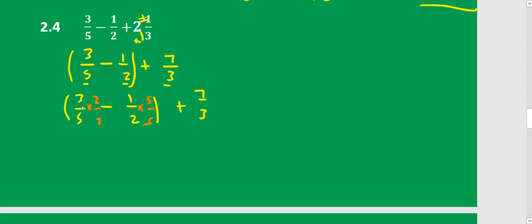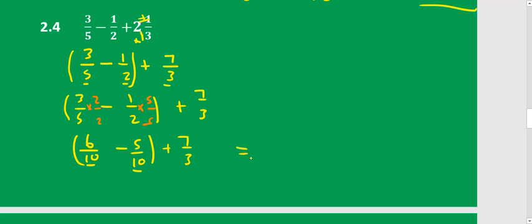And we can solve this. 3 times 2 is 6. And 5 times 2 is 10. 1 times 5 is 5. 2 times 5 is again 10. And of course, we still have 7 over 3 at the end. And as you can see now, the denominators are the same.